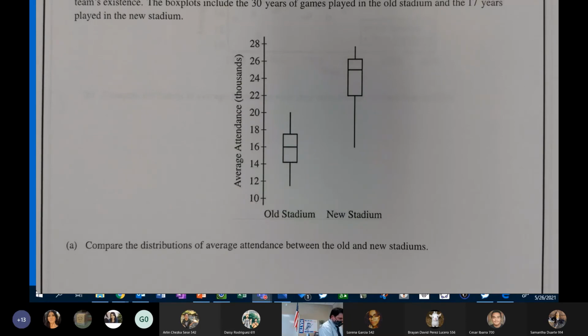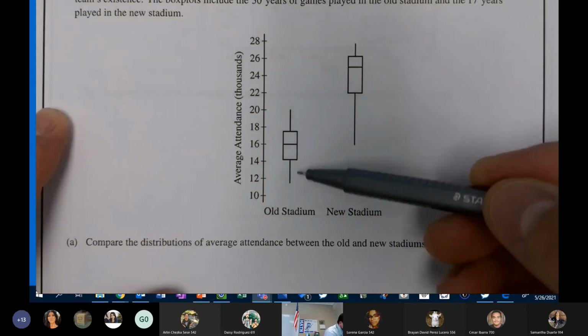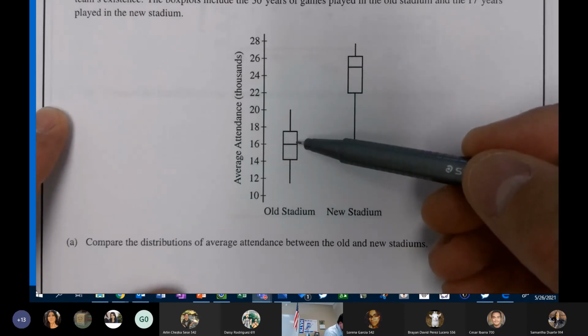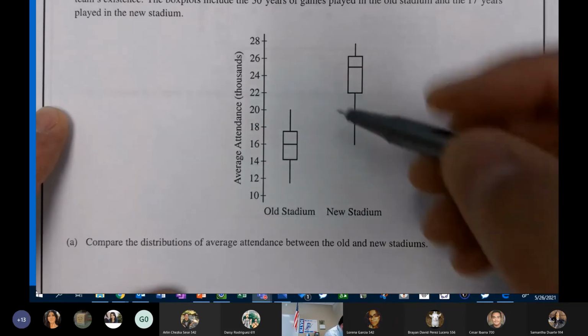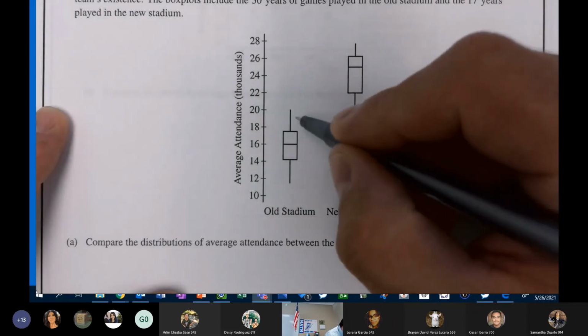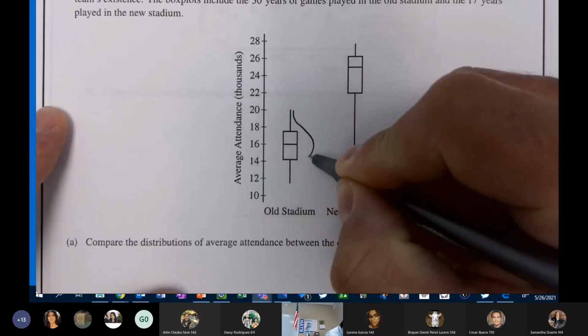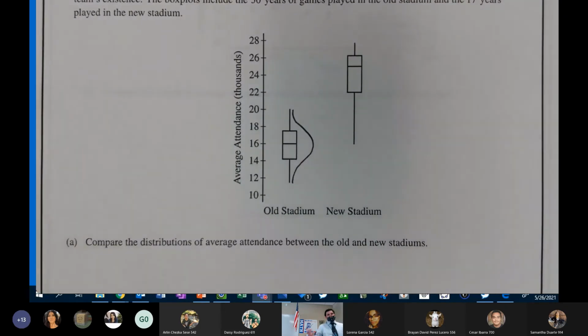So if we look at these 2, our old stadium looks fairly symmetric, right? The center is kind of in the center of the distribution. We would guess that the distribution would look something like that. Fairly symmetric. We're not going to say it's normal because we don't know enough to say that. We're just going to say it's symmetric.